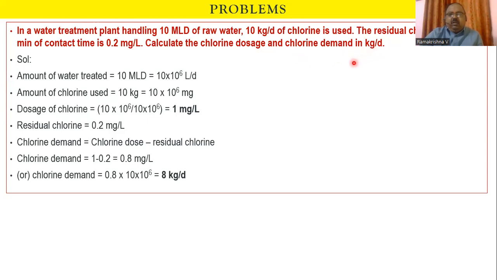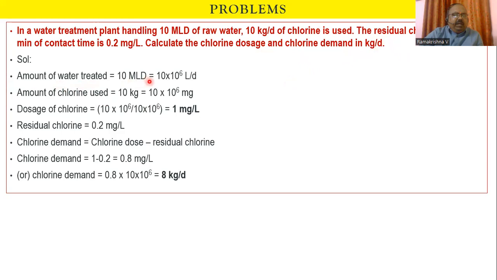It gives the total mass of the chlorine requirements, so that purchasing the required chlorine or bleaching powder will be more helpful for us. Bleaching powder will be available only in packages of so many kilograms. That's why we try to calculate everything in terms of kilograms per day.